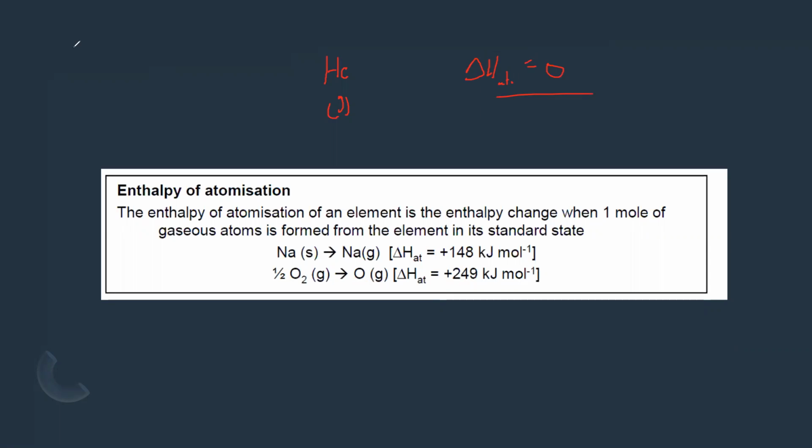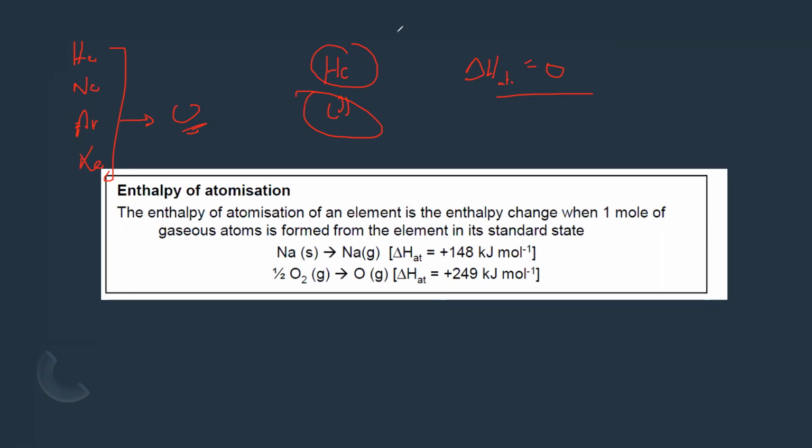So the atomization of helium, neon, argon, xenon, krypton, these are all gases, their atomization is 0. Why 0? Because they are already atoms and they are in the gaseous state. So we don't have to make an atom.